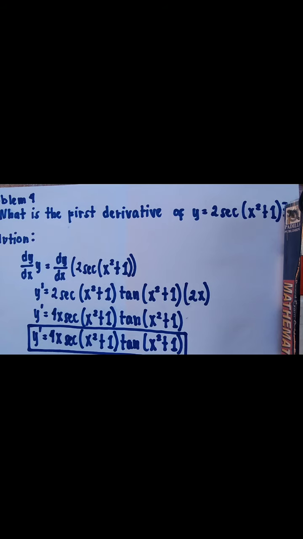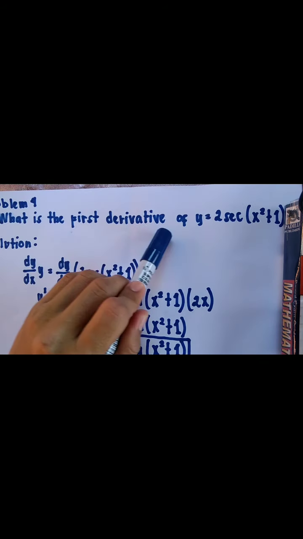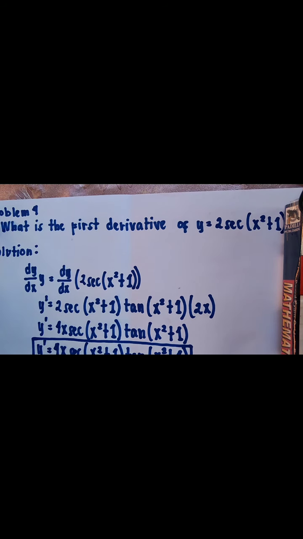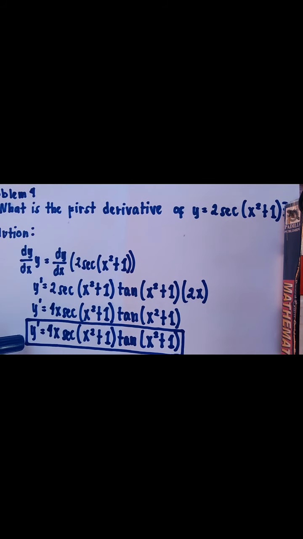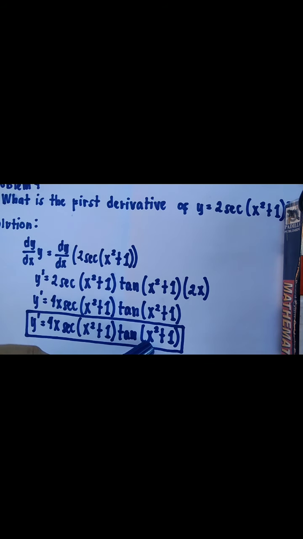It's almost the same, of course, because we're using the first derivative. So the derivative of our problem number 4 is y prime equals 4x secant of (x squared plus 1) times tangent of (x squared plus 1).